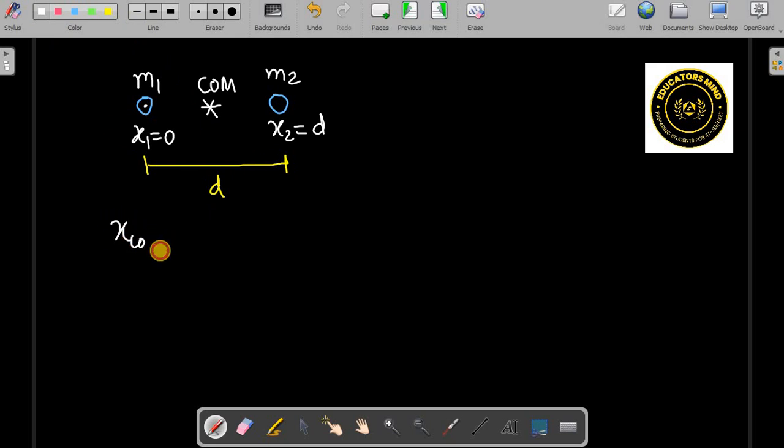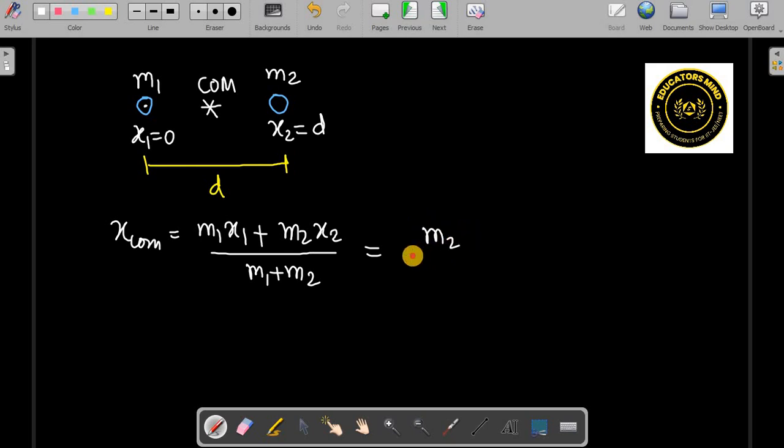X center of mass is m1 x1 plus m2 x2 by total mass, which is m1 plus m2. Now here x1 is 0, so you will be left with only the second term, m2 by m1 plus m2 into the total distance.